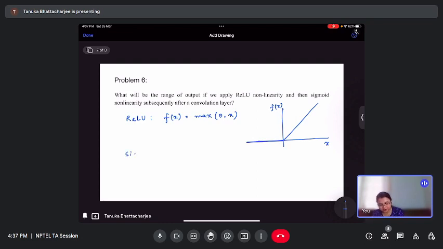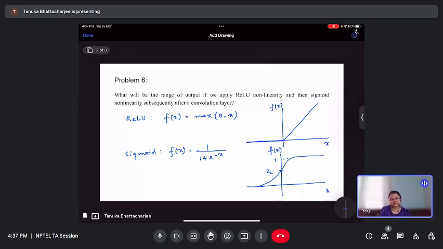Sigmoid is f(x) equal to 1 by 1 plus e to the power minus x. If you plot that also, it becomes like this, this is 1 and the crossover will be at half.